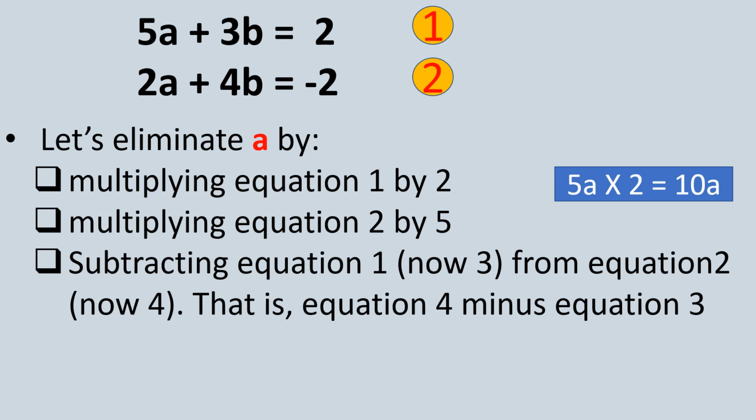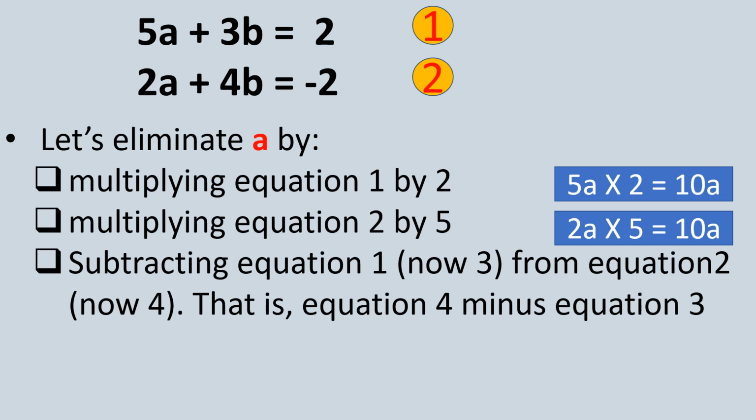That's why you have 5a times 2 equals 10a. And then in equation 2, your 2a, what do you multiply it by? You multiply it by 5 in order to have 10a. So in that way, we'll be able to subtract from each other and then eliminate a.